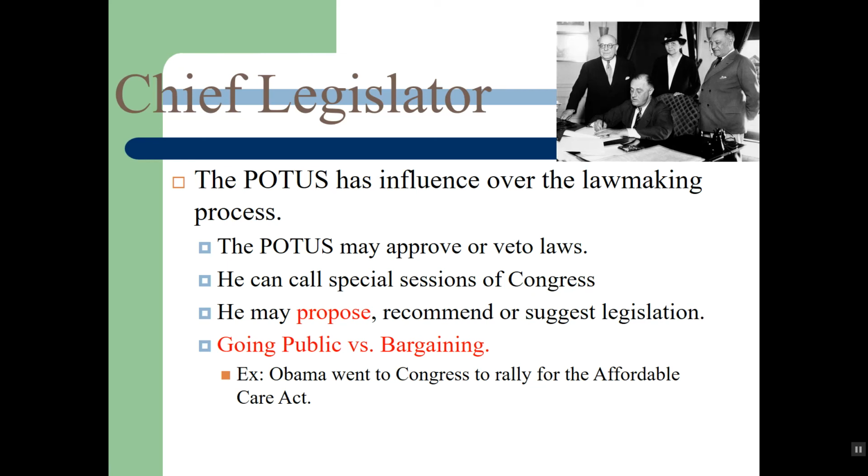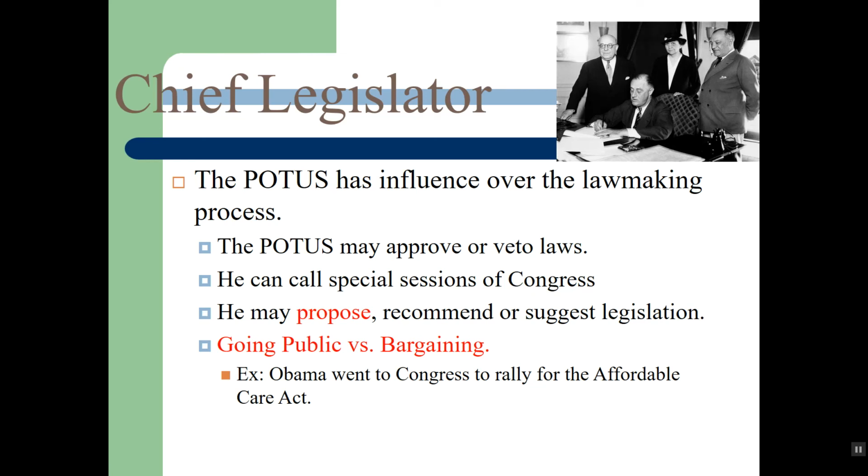The president can get Congress to comply with his proposed policies or his preferred legislative process by either going public or bargaining. Bargaining is when the president meets with leaders of Congress behind closed doors and they negotiate. Bargaining is advantageous in that it allows the president to cooperate with Congress, getting what he wants without having to alienate them by forcing their hands.